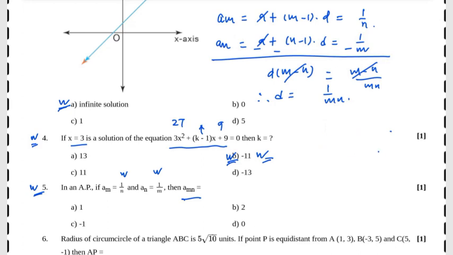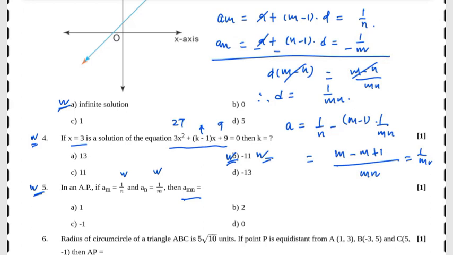So the value of a equal to 1 by n minus (m minus 1) into 1 by mn. So LCM will be mn and n cancelled out, then we get here m minus m plus 1 equal to 1 by mn.